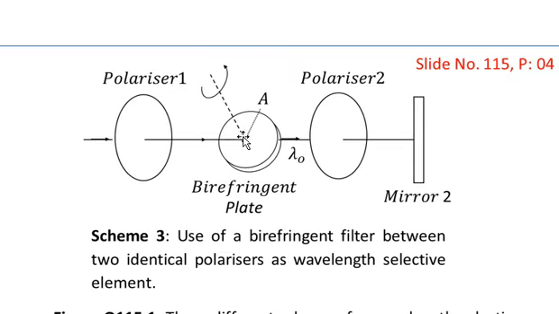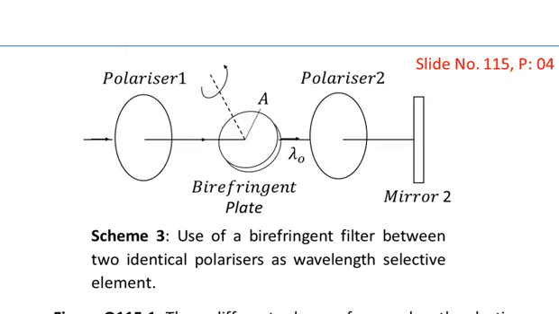We want a specific width of this material so that the emergent beam from the birefringent plate is linearly polarized with the same state of polarization as that coming out from polarizer 1, or incident on the birefringent plate.